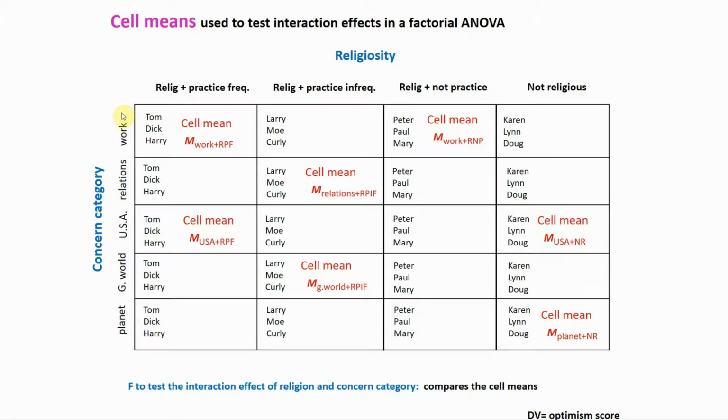In other words, the difference between these different groups might have been one way for the work category, so we might have seen one particular pattern of effects for work, and then a different pattern somewhere else. So maybe the pattern switched here at the relationship category. All right, so that's one way to look at it.